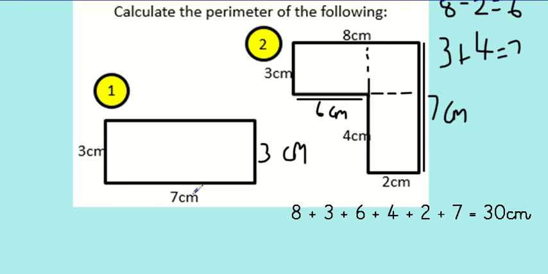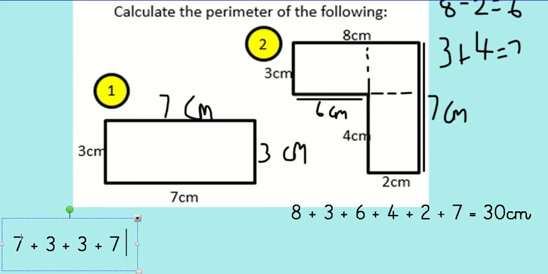And if this one's 7 centimetres, this one's going to be 7 centimetres. So what I need to do then is add all those sides up. Well, 7 add 3 is 10, and 7 add 3 is 10. So altogether, 7 add 3, add 3, add 3, add 7 equals 20 centimetres.